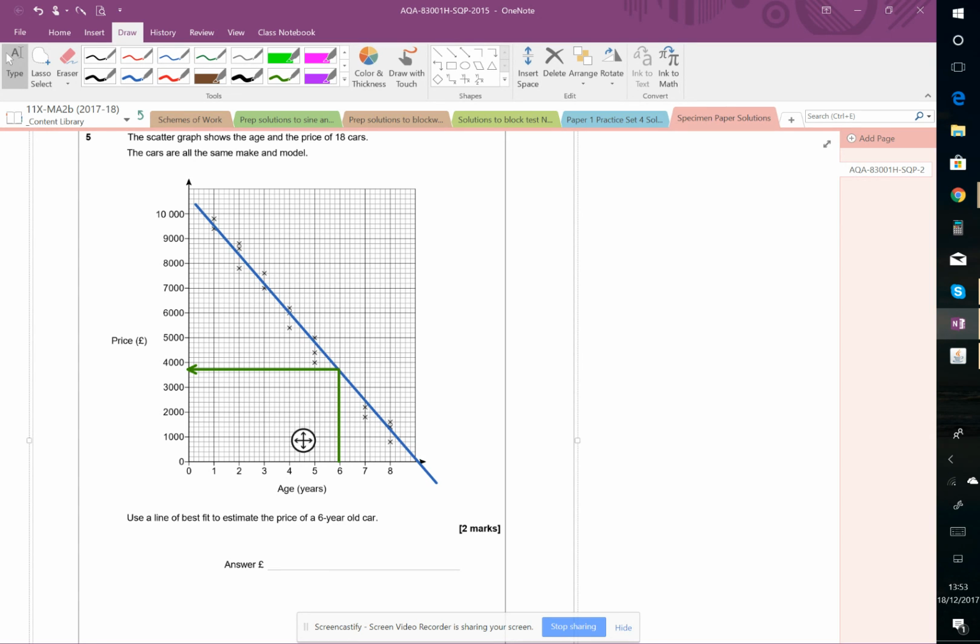And we get this price here. So we're looking at this value right here. So that's 3,000. Each one of these is going to be 200, 3,200, 400, 600, around about 3,700 pounds.